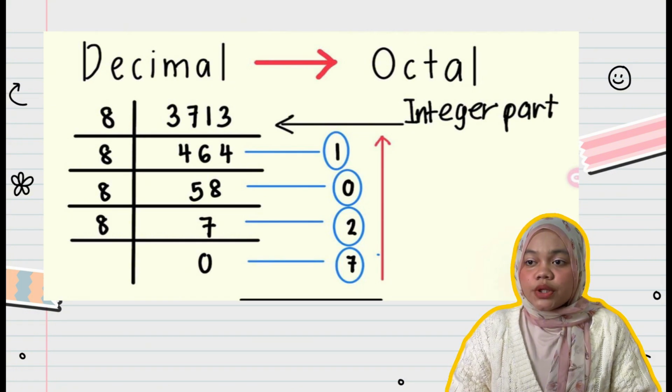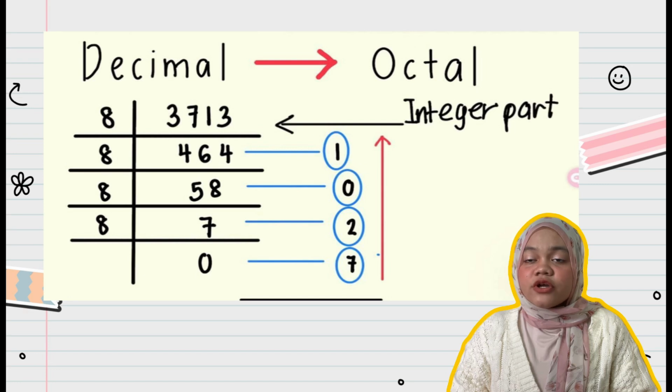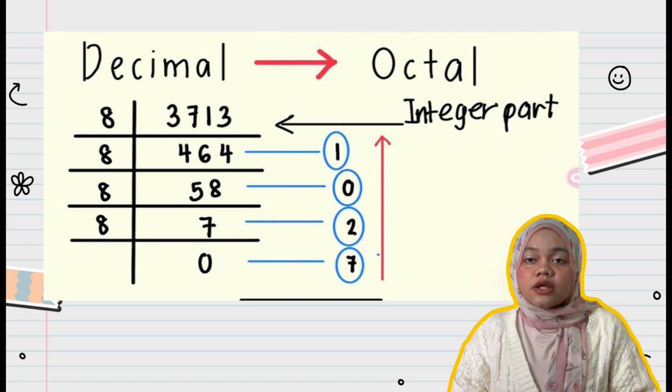After that, we take 58 divided by 8, we get 7, so the remainder is 2. After that, we take 7 divided by 8, we get 0, so the remainder is 7.